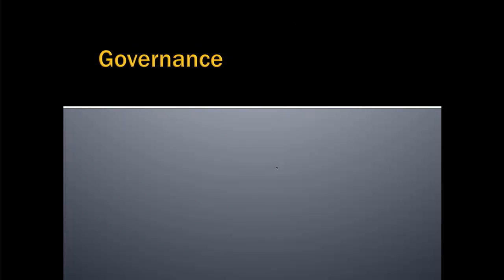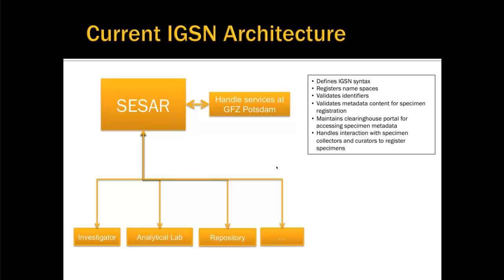All right, just very brief, I'm starting to get late. In the current structure, the IGSN is governed entirely by SESAR. This is the historic development because we were the place where the IGSN got developed and promoted initially.